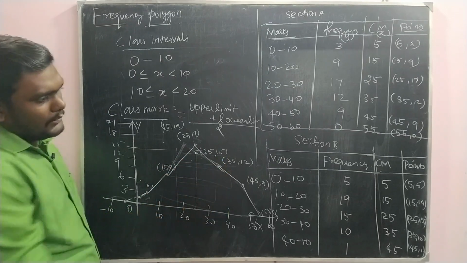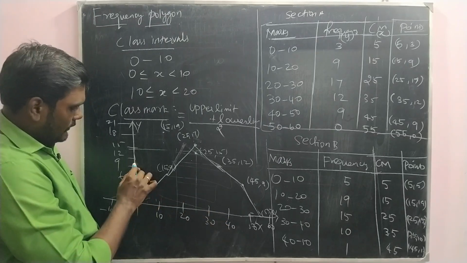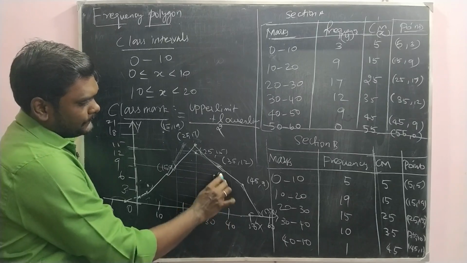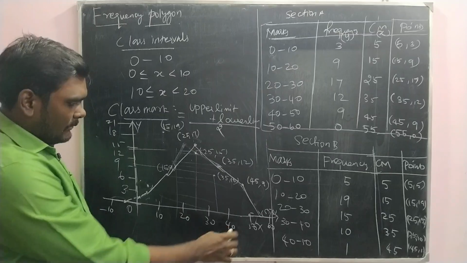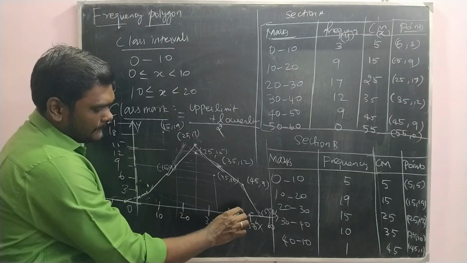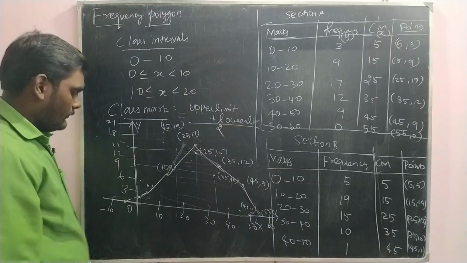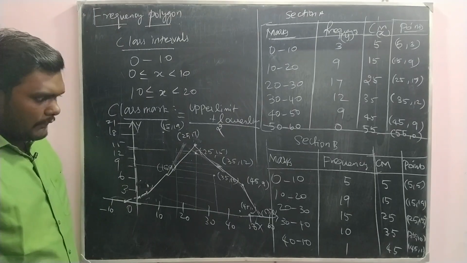Okay, and then 35 comma 10. 35 10. 10 approximately here. 35 this point. 45 comma 1. 45 comma 1 nearly here. That's all. Now connect this. 55 comma 0.